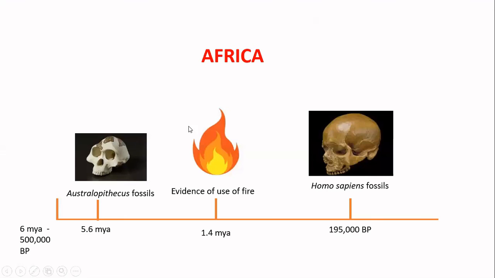Let's say I take evidence of use of fire in Africa 1.4 million years ago. The significance of the use of fire for a man or a woman living in that area could be that now he could cook food, he could use fire as protection, as a weapon.